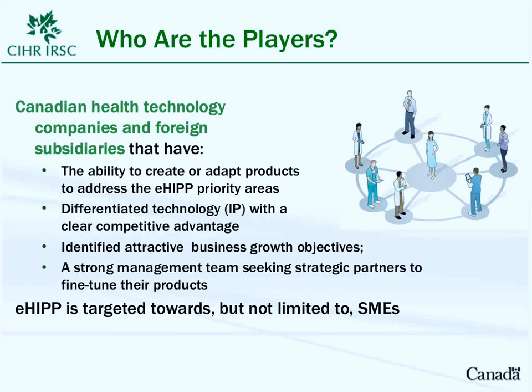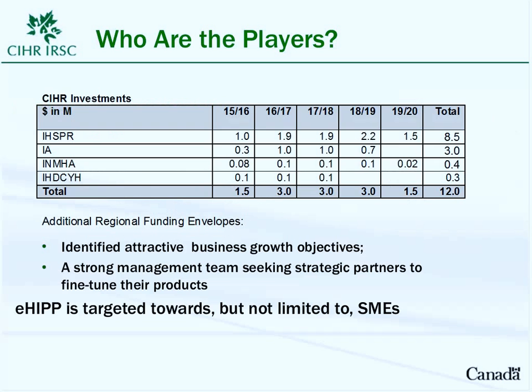That they have a good, strong management team, because this will be important in being able to deliver on such a product, and attractive business objectives that would make them a likely candidate for positive scale-up should these solutions be successful. Although the eHealth Partnership Program is focusing on small and medium-sized enterprises, of course, larger companies are also welcome. It's just that the design of this initiative has been focusing on this group of companies where we think that there could be tremendous innovative potential.